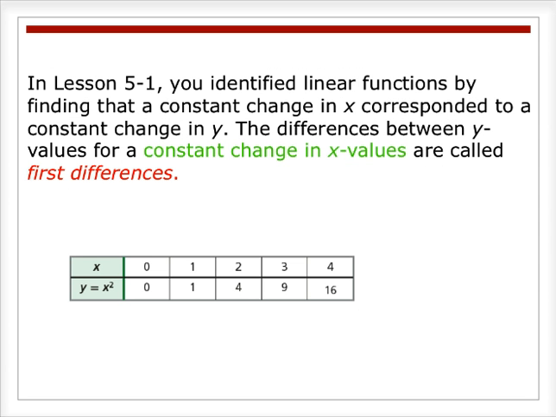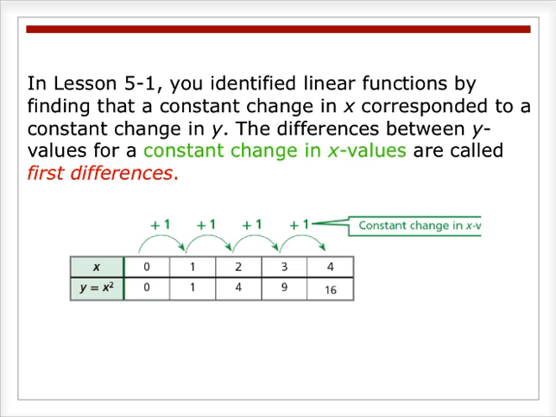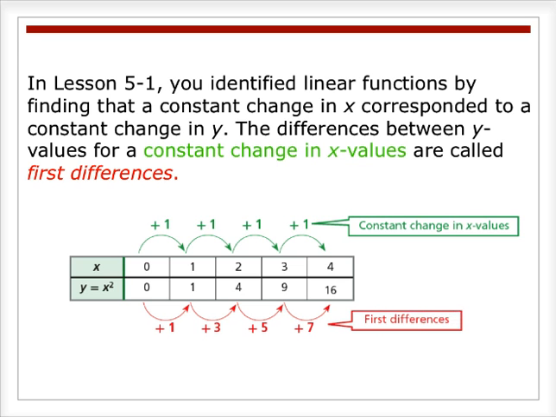Before, we've identified linear functions by looking at the constant change in x and how it corresponded to a constant change in y. And those were called the first differences. And it looked a little bit like this. We checked the constant change in the x values, and then we looked at y. And right now we can tell, well, this is not a linear function. But let's look at what happens, because it's x squared, if we look at the second differences.